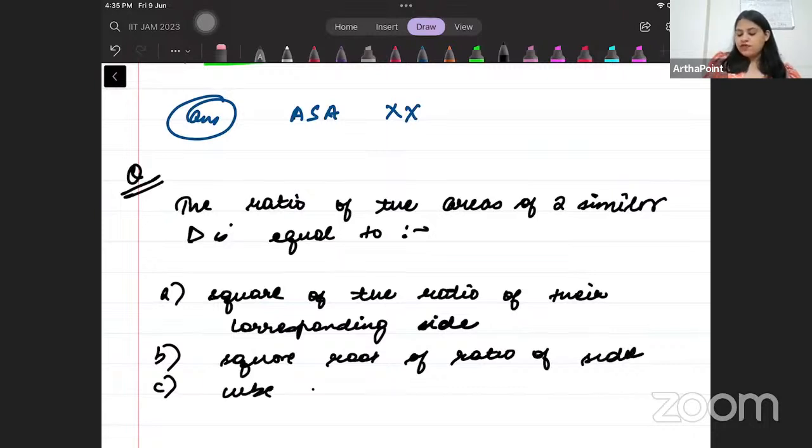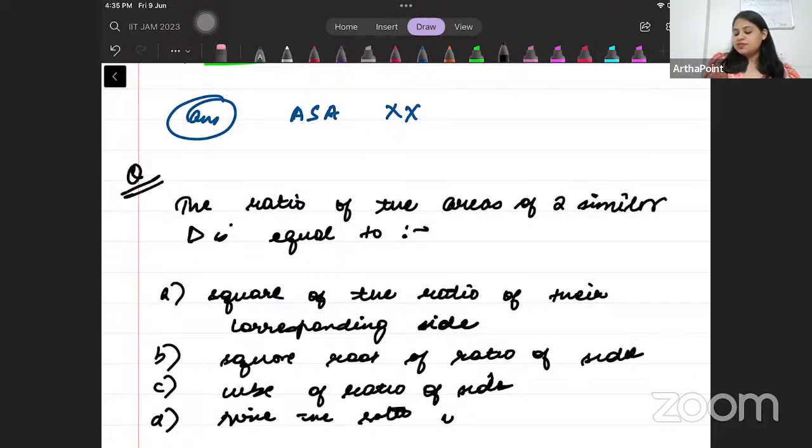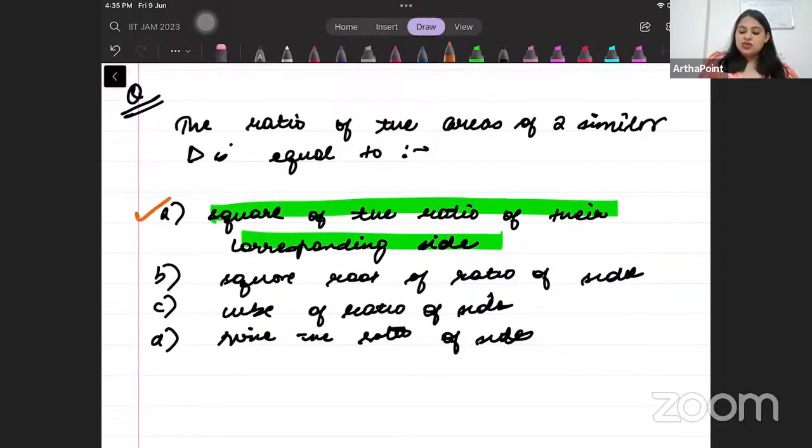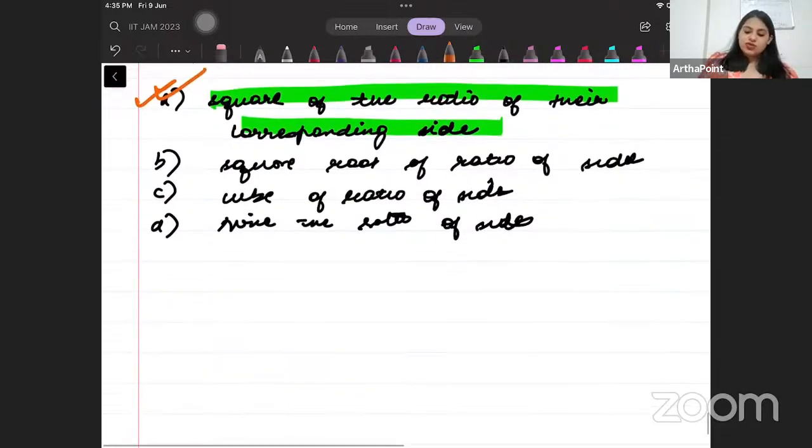C, cube of ratio of sides. D, twice the ratio of sides. We just did this, beta. So what should be the correct answer to this question? We know that when triangles are similar to each other, we have just proved that the ratio of the areas should be equal to the square of the ratio of the corresponding sides. So the answer to this question should be A. Okay, beta, come to the next question.